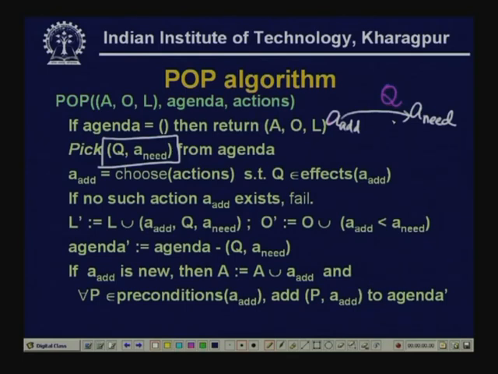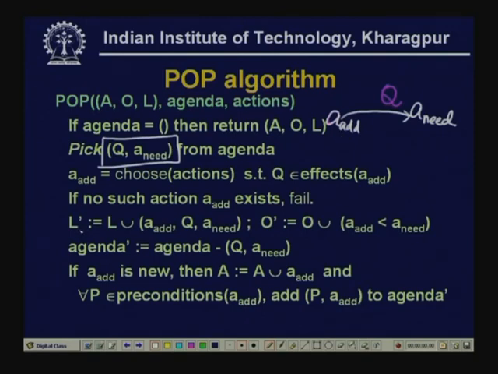Now, in this case we can say that A add achieves Q for A need. Now, A add is a new step. Because it is a new step, we must add the preconditions of A add which are not satisfied to the agenda.